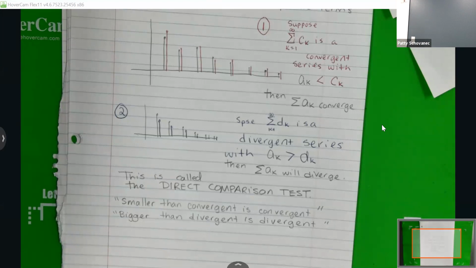Here's an example. Take the series 1 over 3 raised to the k, and then in the denominator, let's also add a 2 to that. And we want to test this for convergence.